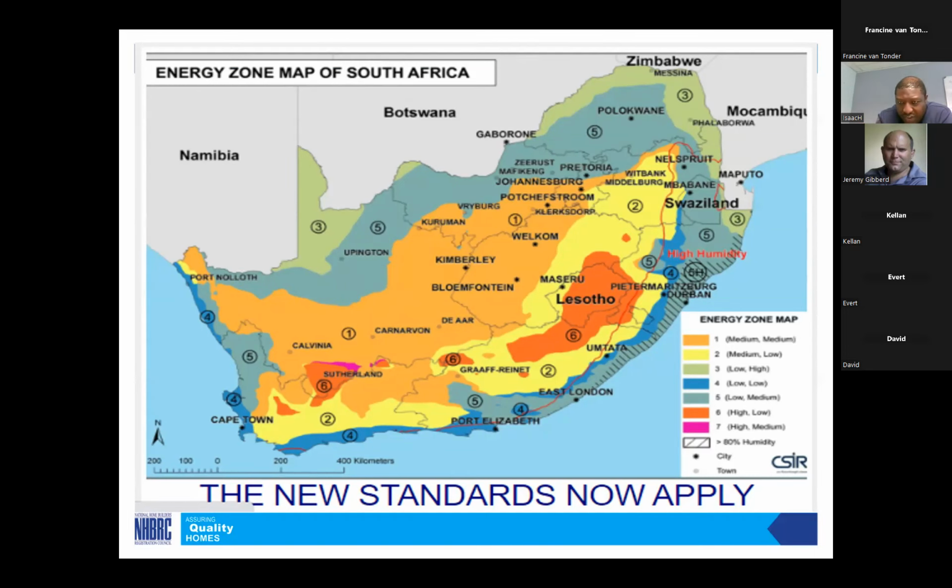Now it's on zone 5. So you need to look into how you design. And zone 2 has moved a little bit lower to the Eastern Cape, whereas previously the Western Cape was to be found on zone 5. So it's very important to look into your design in terms of the climate that you're building in.